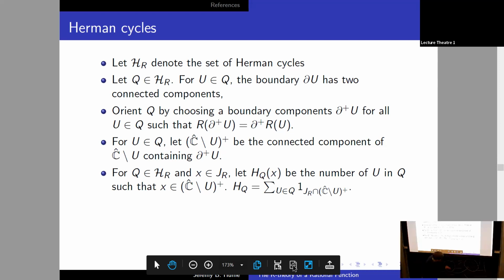And then over here, there's only one part of the orientation, this part that's inside here. And then this part of the orientation only sees this bit here. So this function HQ would be taking value 2 on the large region and then 1 on the smaller regions. That makes sense.